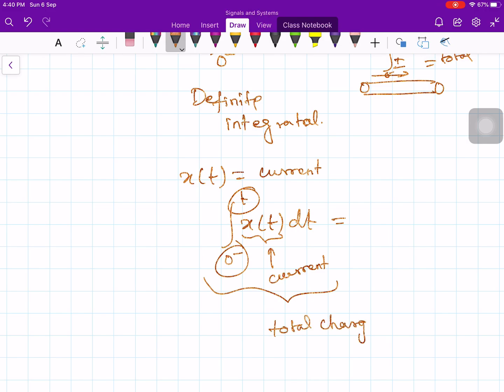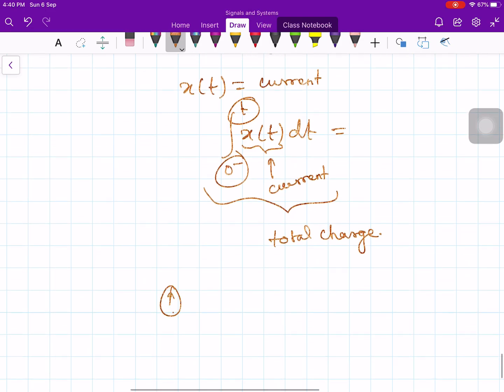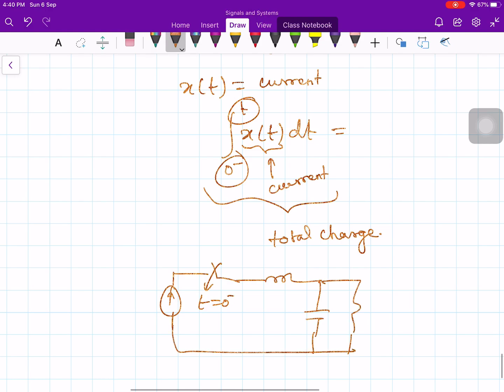Okay, so suppose you have a current source and you close the switch at t equals 0 minus. You have an inductor, then a capacitor, then a resistor, like this. Before you close the switch, a certain initial amount of charge is accumulated, or stored, in the circuit.